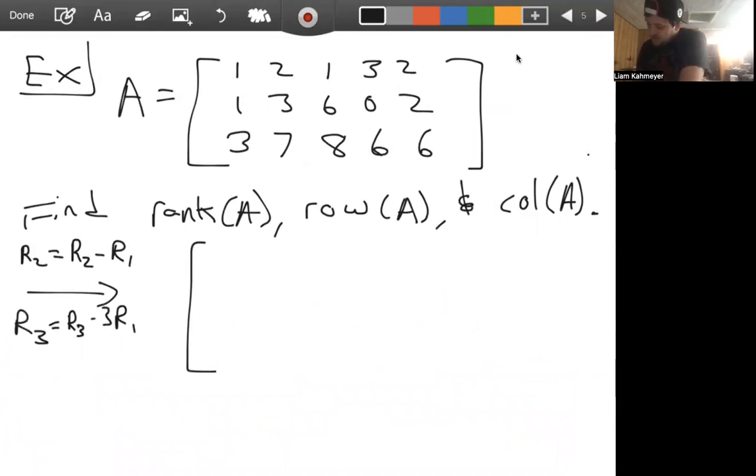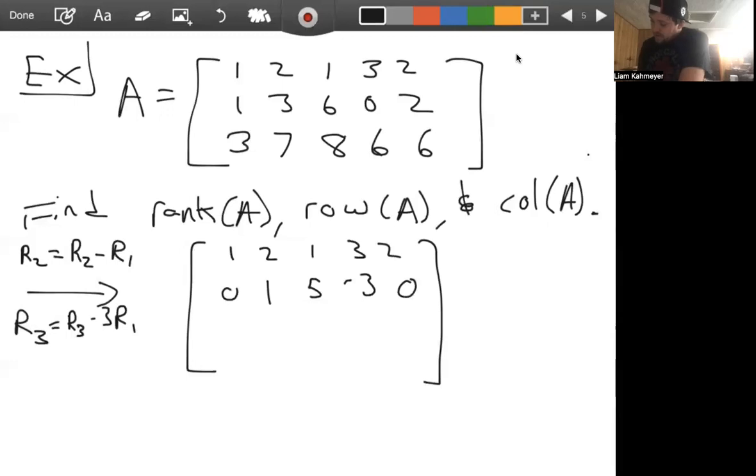We didn't do anything to row 1. For row 2, we'll have 0, then 3 minus 2 is 1, 6 minus 1 is 5, 0 minus 3 is -3, and 2 minus 2 is 0.